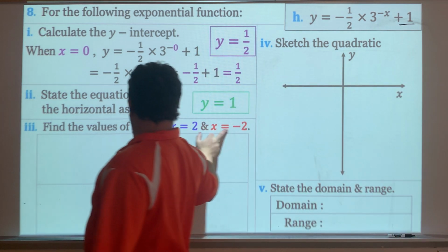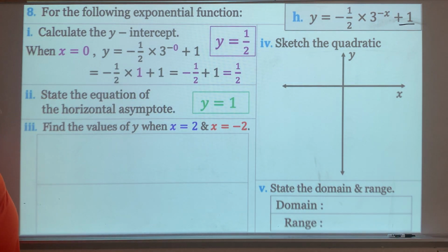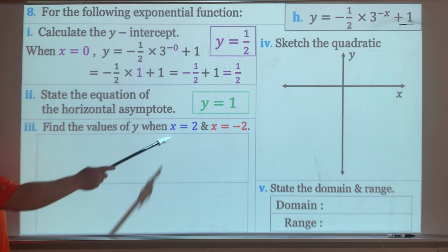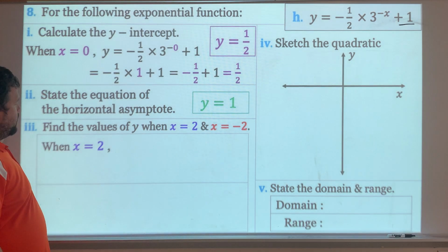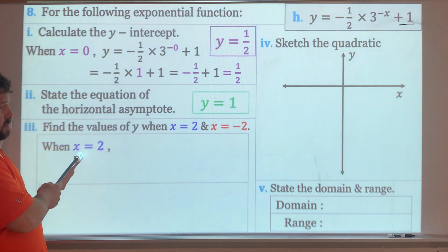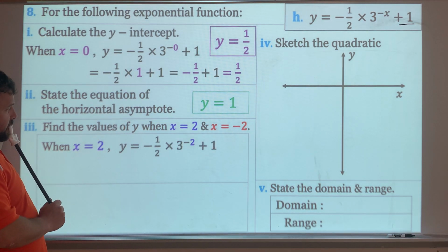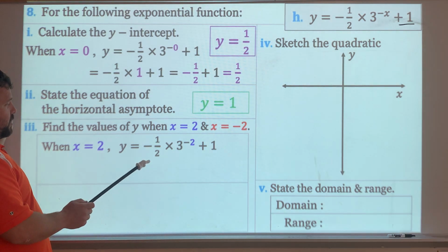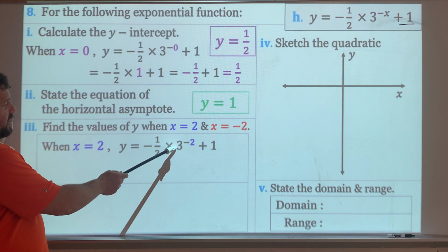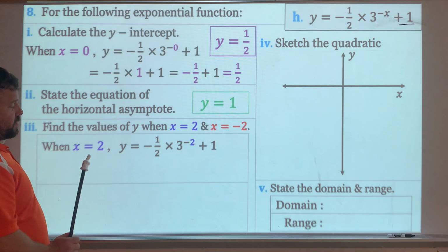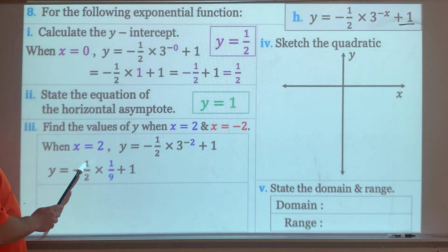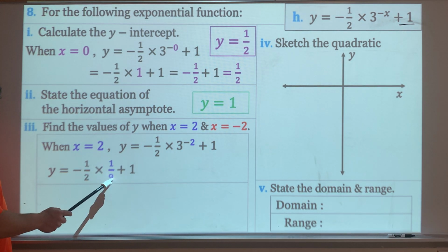Find the values when x equals 2 or x equals negative 2. So when x equals 2, okay, negative 1/2 times 3 to the negative 2 plus 1. Negative 1/2 times 3 to the negative 2 is 1 over 3 squared is 1/9. 1 times 1 is 1. 2 times 9 is 18.